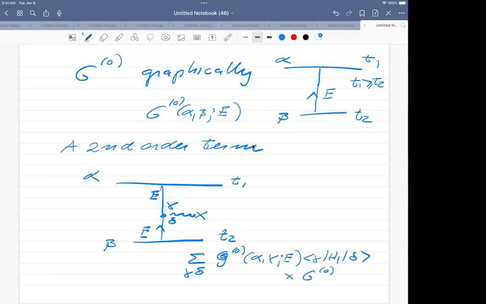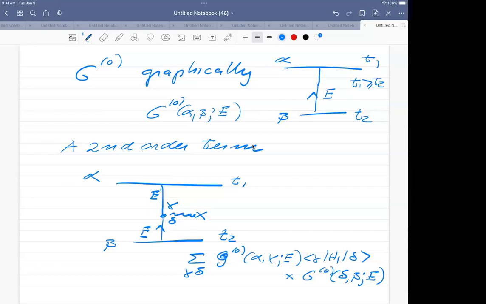So this should be an upper G0 of delta and beta at a given energy E. So this would be a second order term. And then depending obviously on the interaction, whether this allows only for diagonal terms, then we would have a Kronecker delta for gamma and delta, but in general, we don't have that.